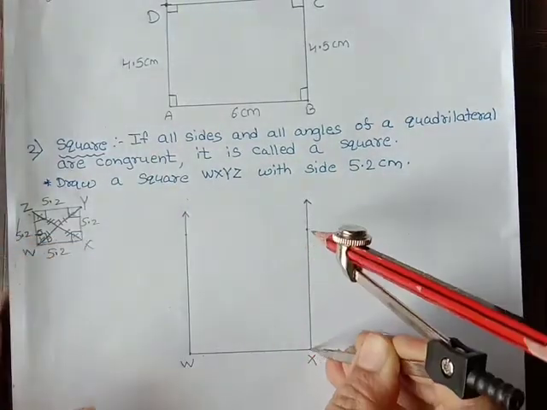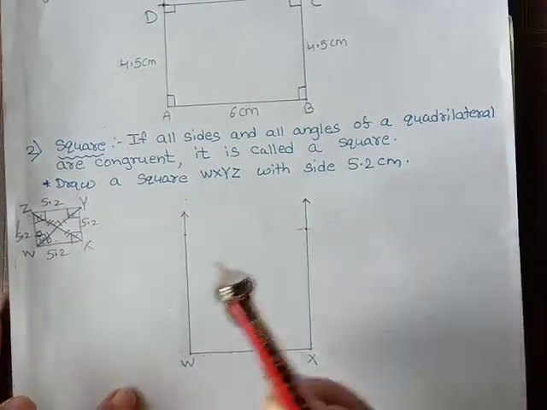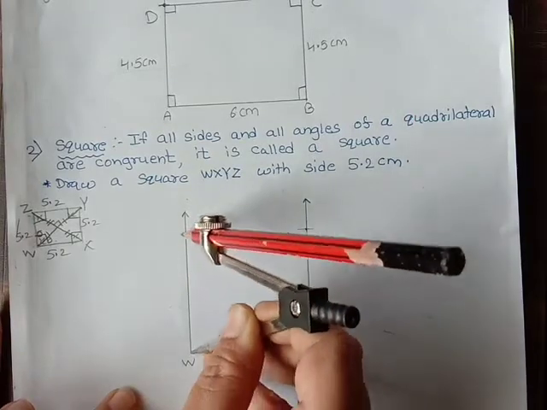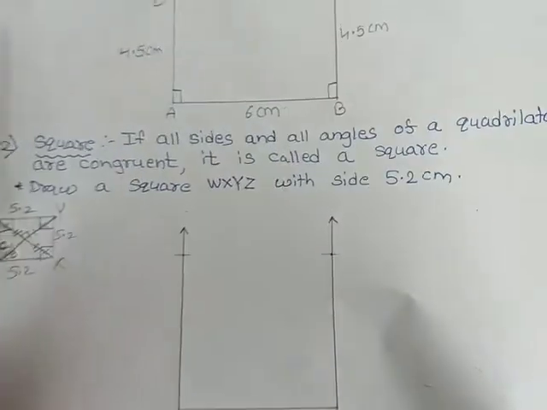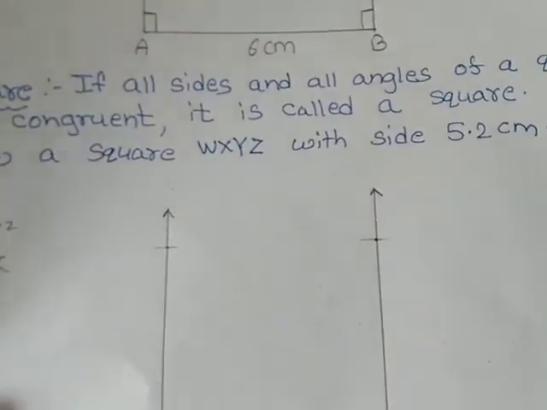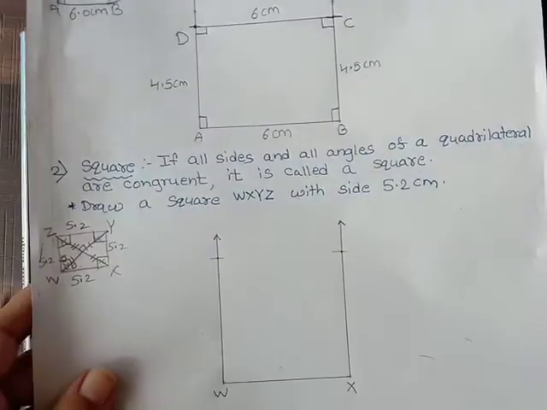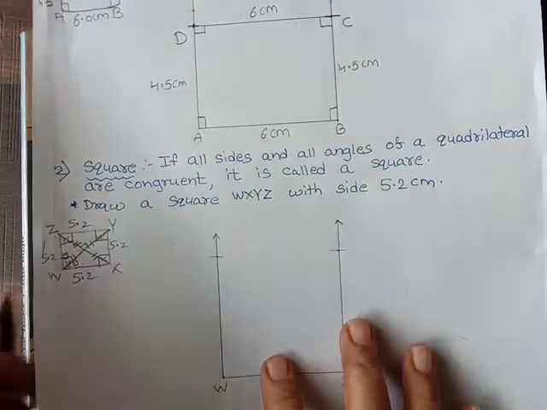So, I am going to take this and give an arc over here. I am going to take this and give an arc over here. Can you see the arcs? Now I am going to join these two points.